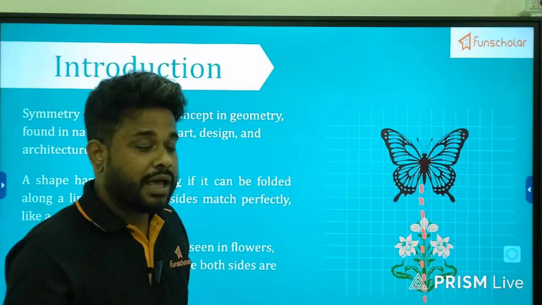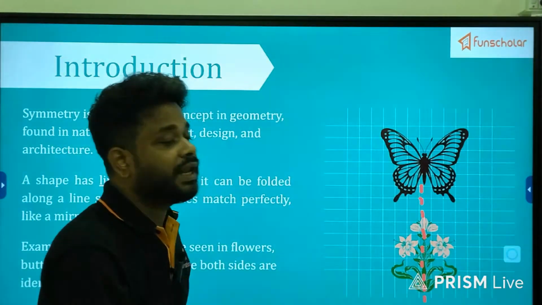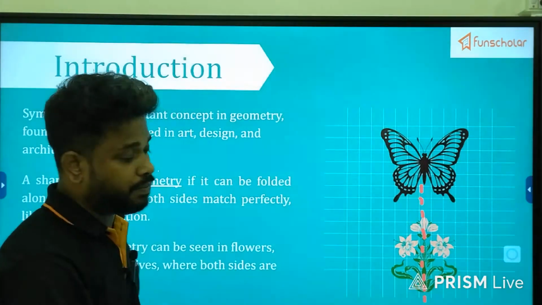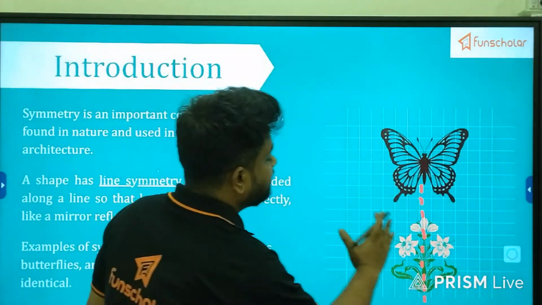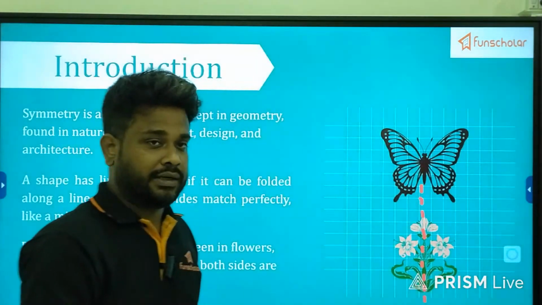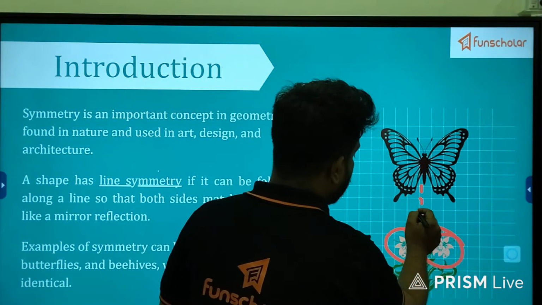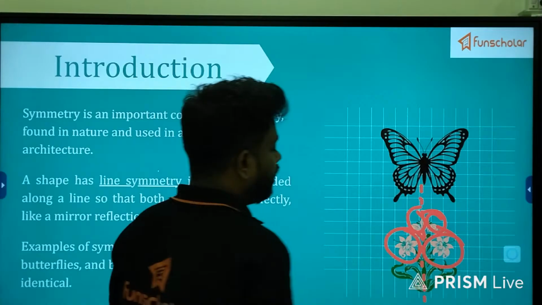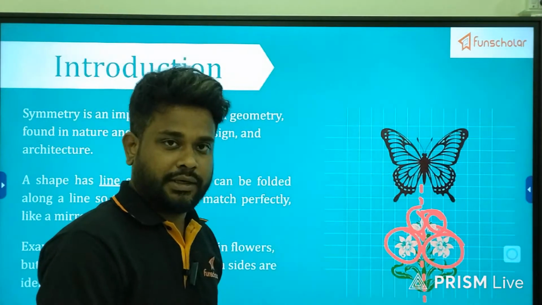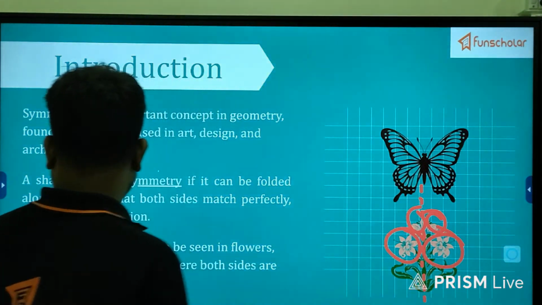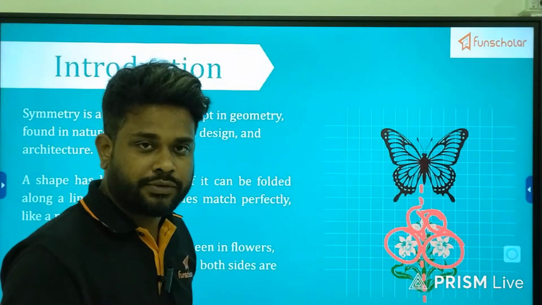I'm going to explain the line of symmetry very well in the upcoming slides. But this flower will also be identical. It will have two full flowers on each side and one half flower in the middle. So this is symmetry. This is the general introduction to symmetry.